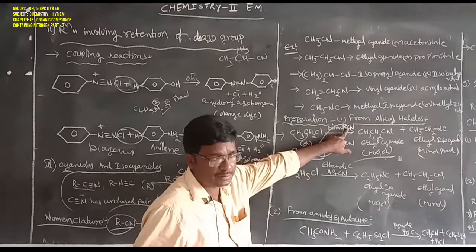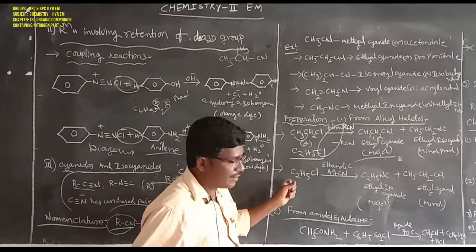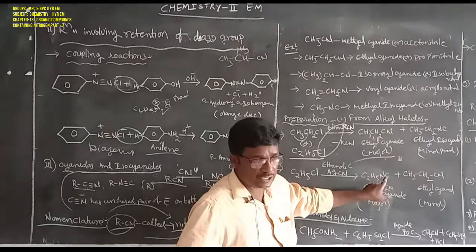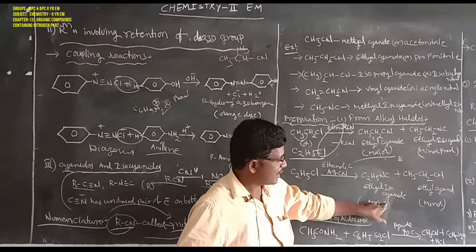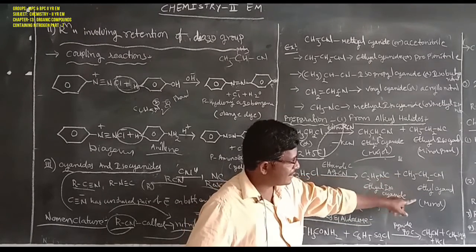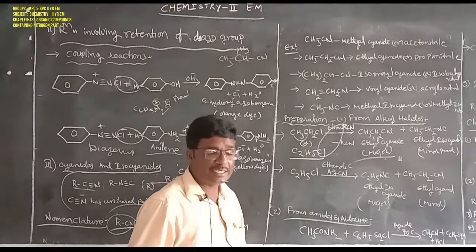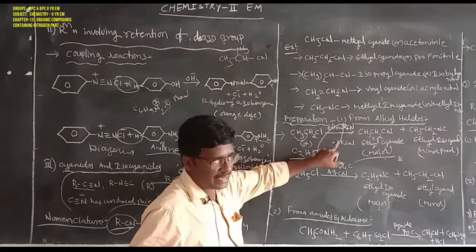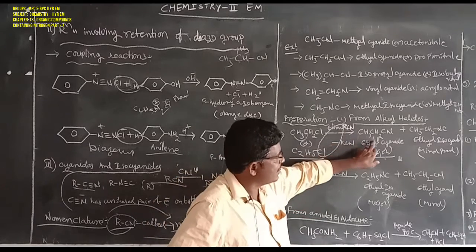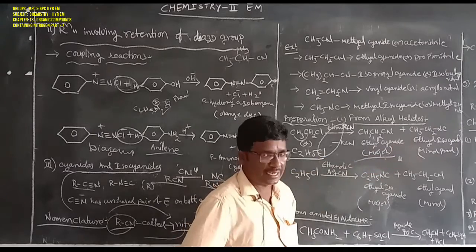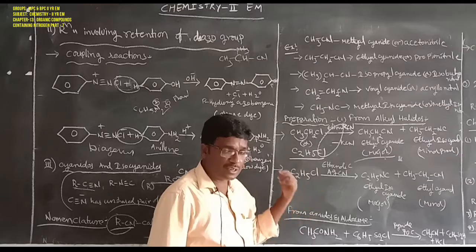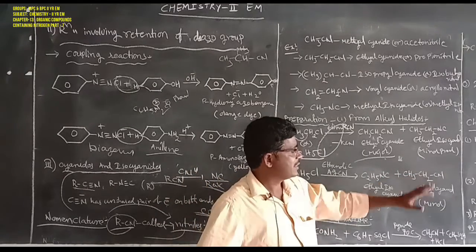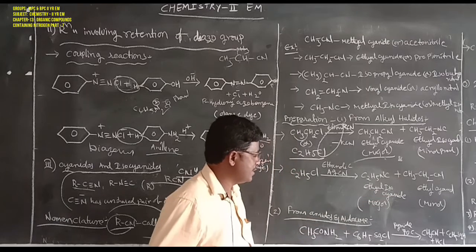With ethanolic KCN, potassium cyanide, ethyl chloride gives the above products, but the alkyl halide treated with ethanolic AgCN, silver cyanide, forms ethyl isocyanide, C2H5NC, as the major product. The second one, ethyl cyanide, is the minor product. So alkyl halide treated with ethanolic AgCN forms ethyl isocyanide and ethyl cyanide. That is the preparation of cyanides and isocyanides.